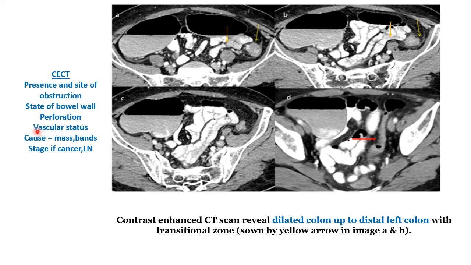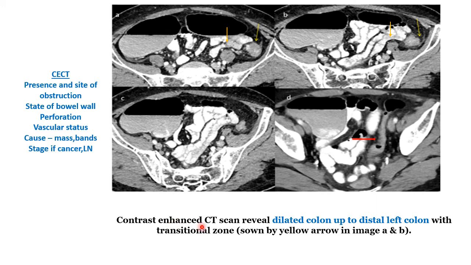You can get a picture of the vascular status of the distended bowel, whether it is ischemic or whether it's going to be strangulated. And then the cause can also be determined in a lot of cases. Those who are very experienced in diagnosing can detect whether there's presence of a cancer, a mass, or congenital bands, adhesive bands, and it can also give you information about the stage of the cancer, if it is a cancer, and also lymph nodal status.